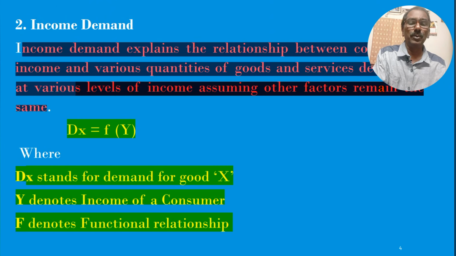Next, number 2, income demand. Income demand explains the relationship between consumers' income and various quantities of goods and services demanded at various levels of income, assuming other factors remain the same.